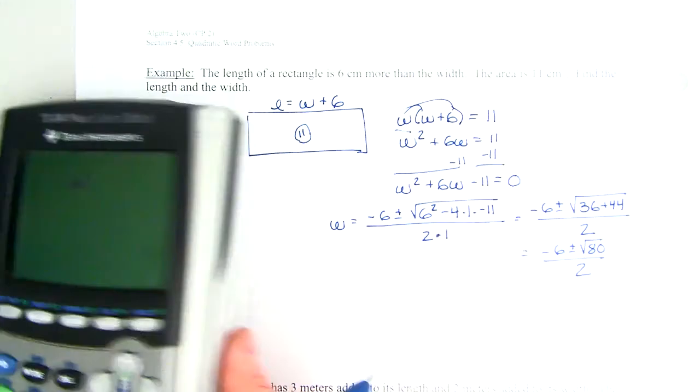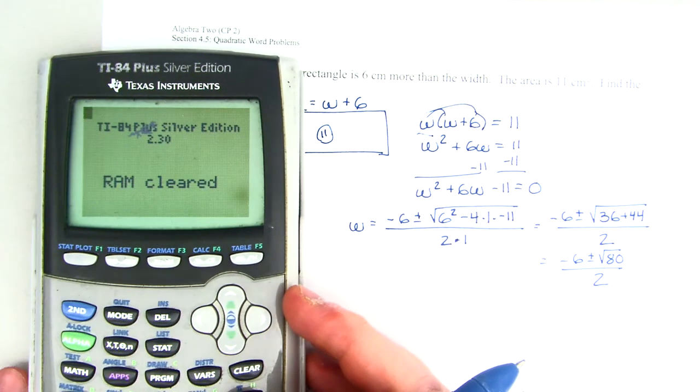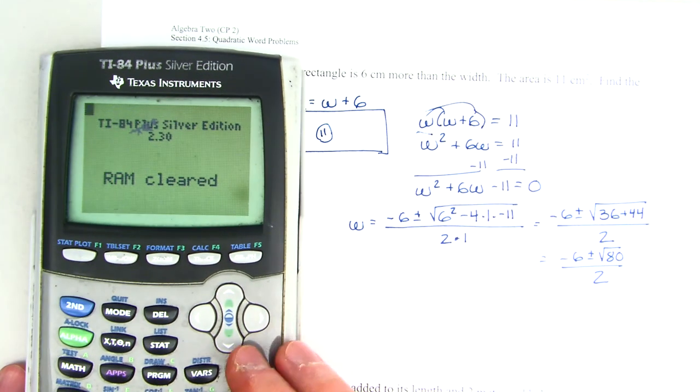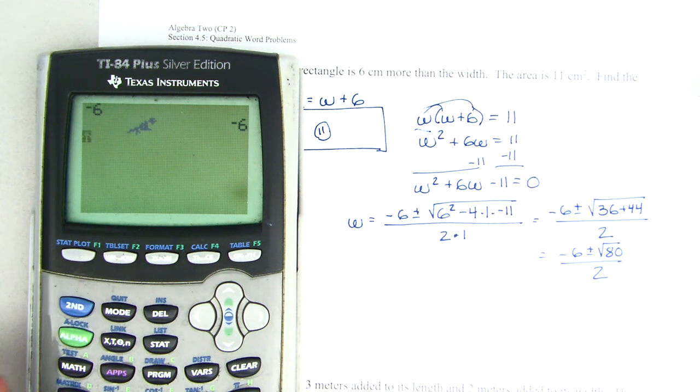I need to try to get some decimal answers out of this. Hopefully you can sort of see my calculator. Oh, memory cleared. Okay. Here's how we're going to do this. I'm going to type in negative 6 plus the square root of 80. I'm going to push enter. Then I'm going to divide my answer by 2. Negative 6 plus the square root of 80.